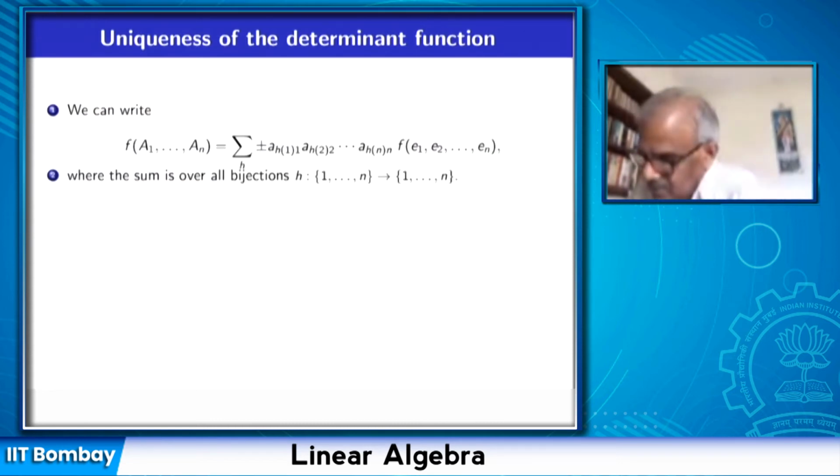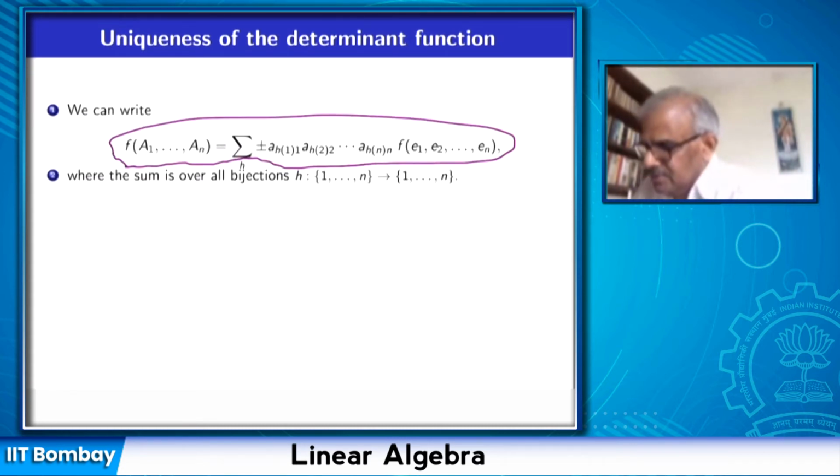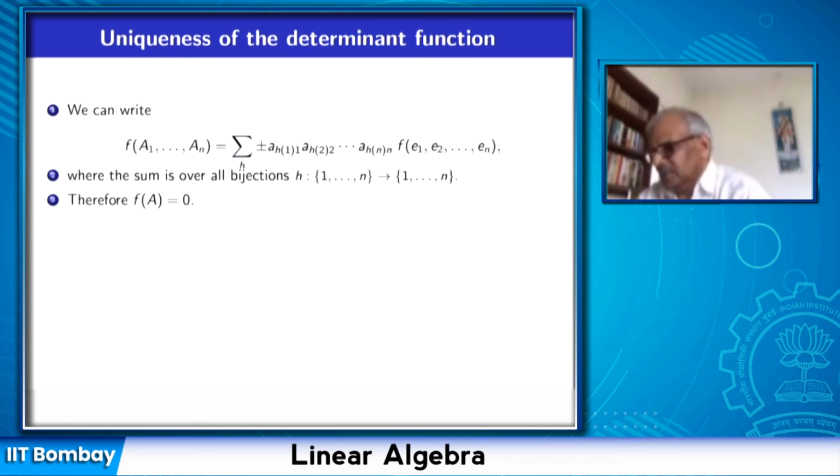So any multilinear alternating function looks like this. If f of e1, e2, en is 0, then f itself is 0. So a multilinear alternating function which is 0 on the identity matrix is identically a 0 function. That's what we have proved. Any questions on that?